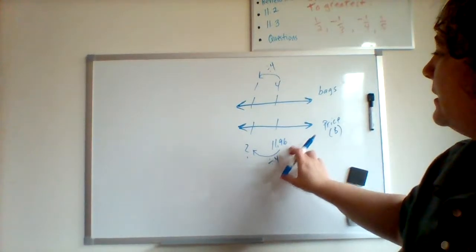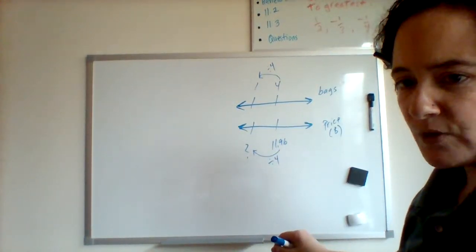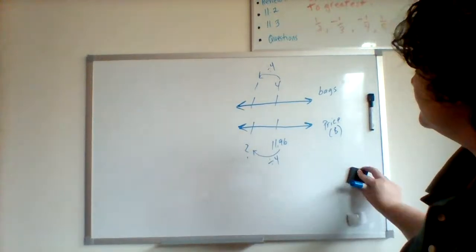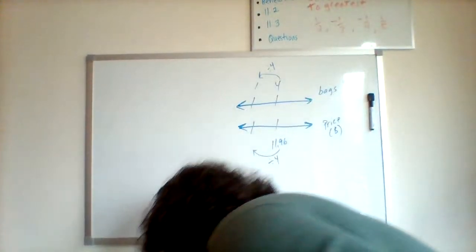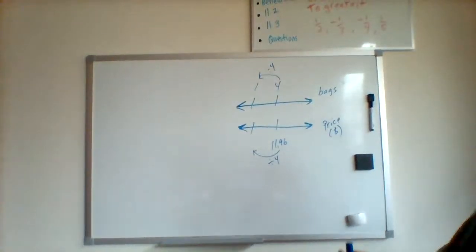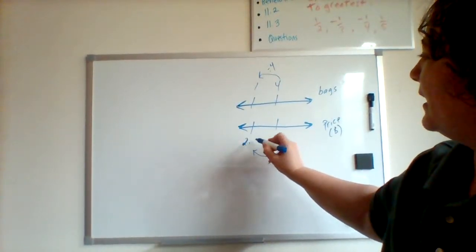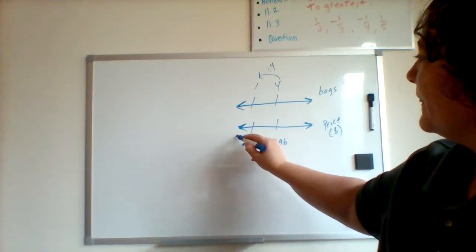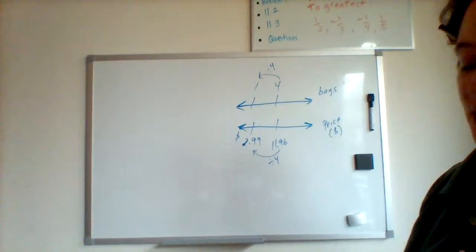So what is 11.96 divided by 4? Oh, awesome. Extra credit? You guys should have got $2.99 for part A. Good job. Good job, guys. Nice job.